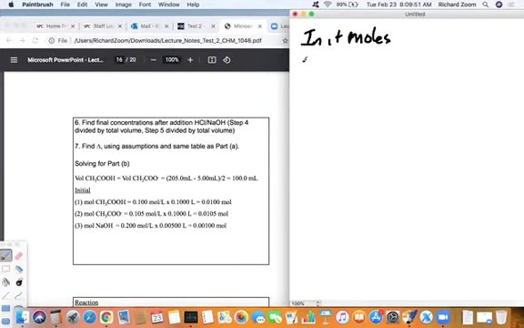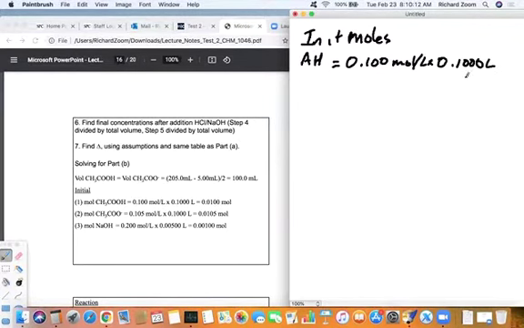And we'll start out with the AH. The way we do this is to take the concentration, which was 0.100 moles per liter, and multiply it by the volume, and this volume is in liters.